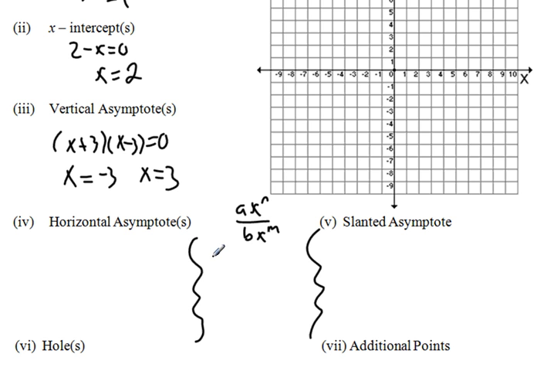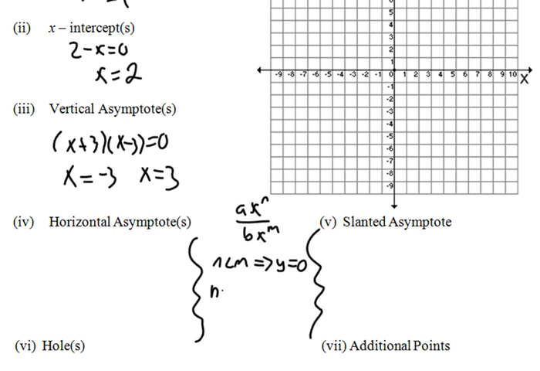Case 1: if n is less than m, then we have a horizontal asymptote at y equals 0. When the numerator degree is less than the denominator degree, y is always equal to 0. That will be the line of my horizontal asymptote.